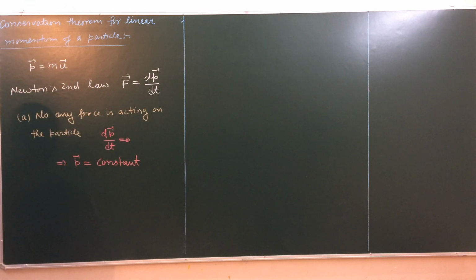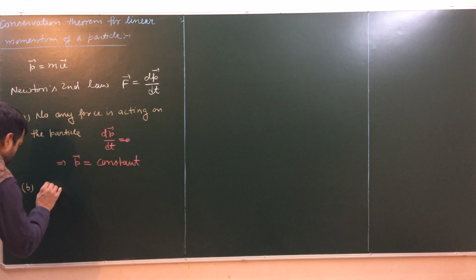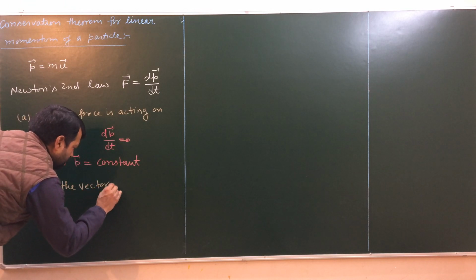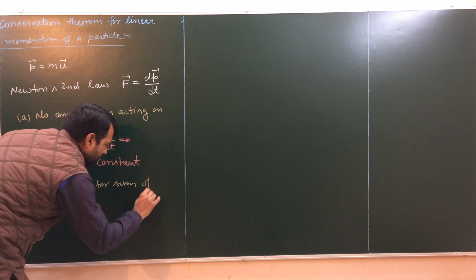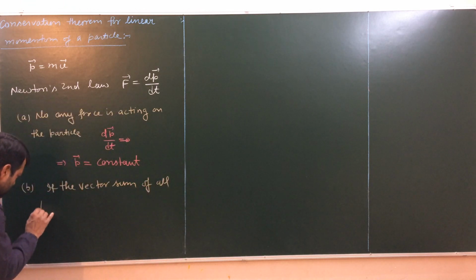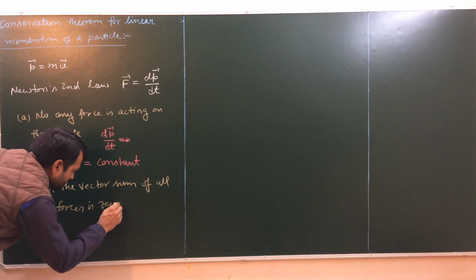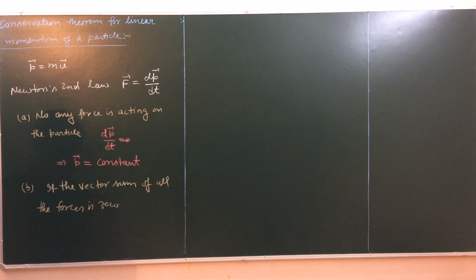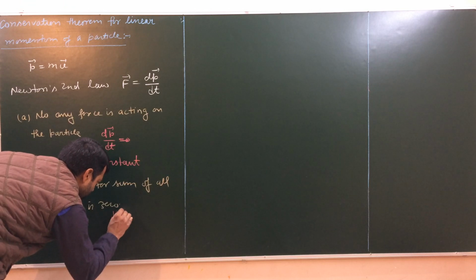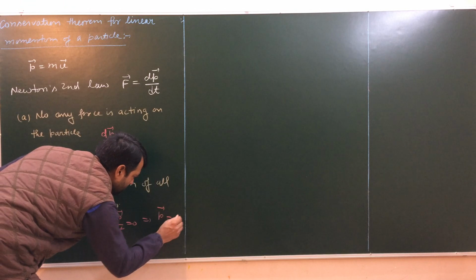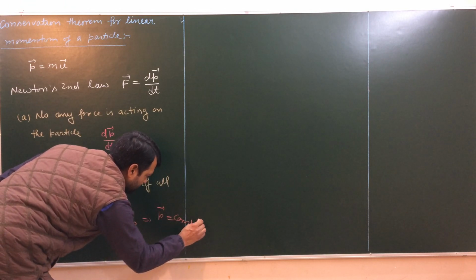The second case is much more interesting than the previous one. If the vector sum of all the forces is 0, again we can say dp by dt equals 0, which implies P is again a constant.